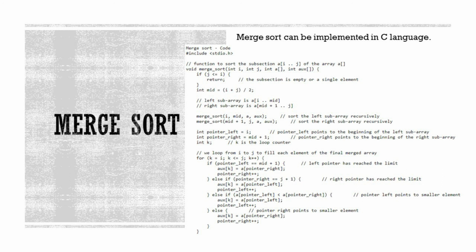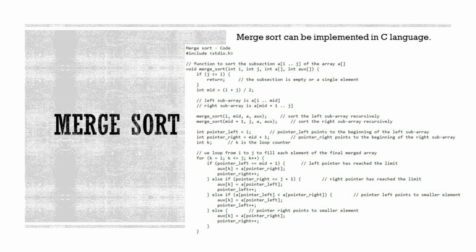And then we have int pointer left equals i, which means the left pointer points to the beginning of the left subarray, and int pointer right equals mid plus 1, which means the right pointer points to the beginning of the right subarray. And then int k, which is the loop counter. And then we have a for loop here, which loops from i to j to fill each element of the final merged array.